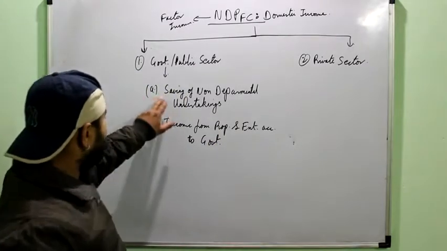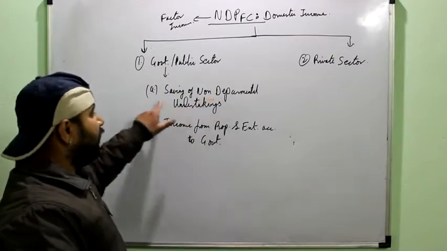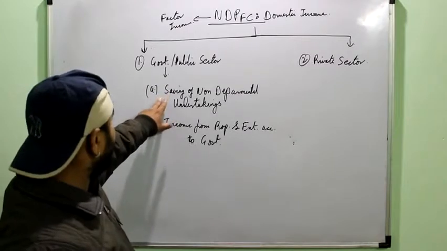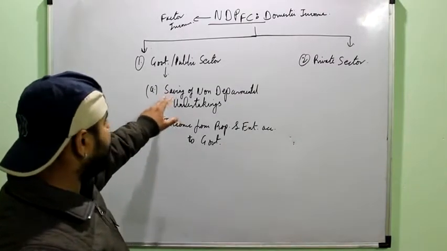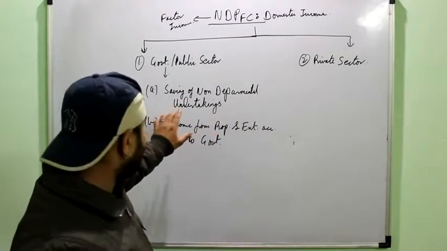The first is the saving of the non-departmental undertakings, that is those undertakings which do not have a separate department in the parliament and are under the government, like the transport corporation of a particular state.